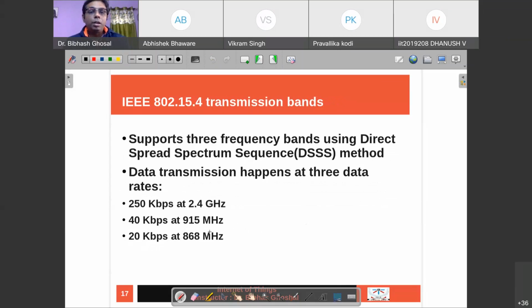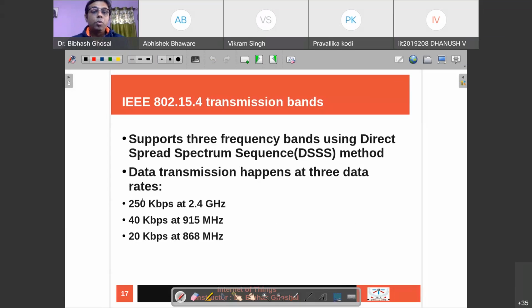It allows 3 data rates depending on the direct sequence spread spectrum. The 3 data rates are 250 kbps at 2.4 gigahertz, 40 kbps at 915 megahertz, and 20 kbps at the lowest band. So you see, as the frequency drops, your data rate drops.